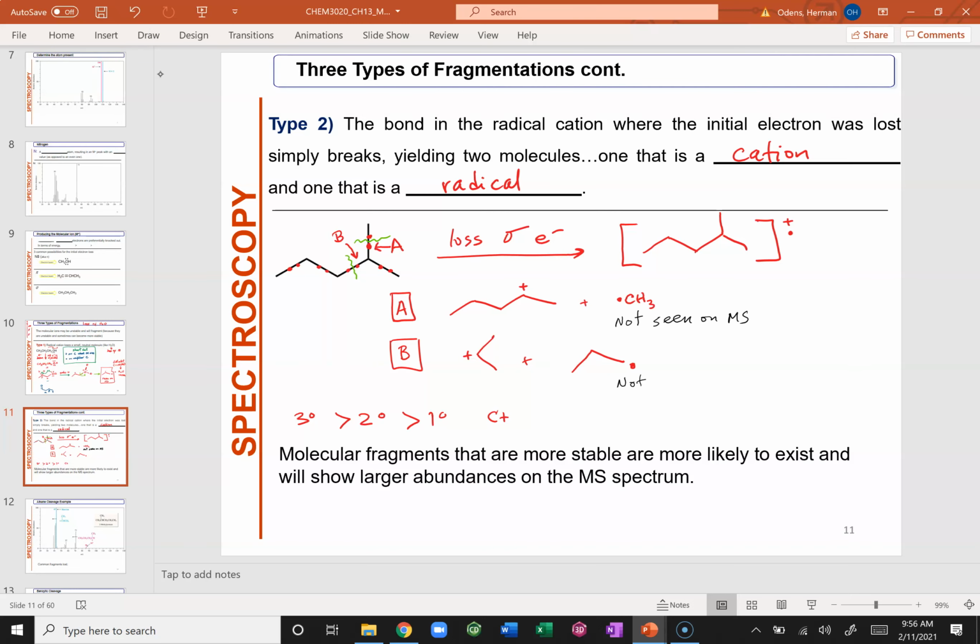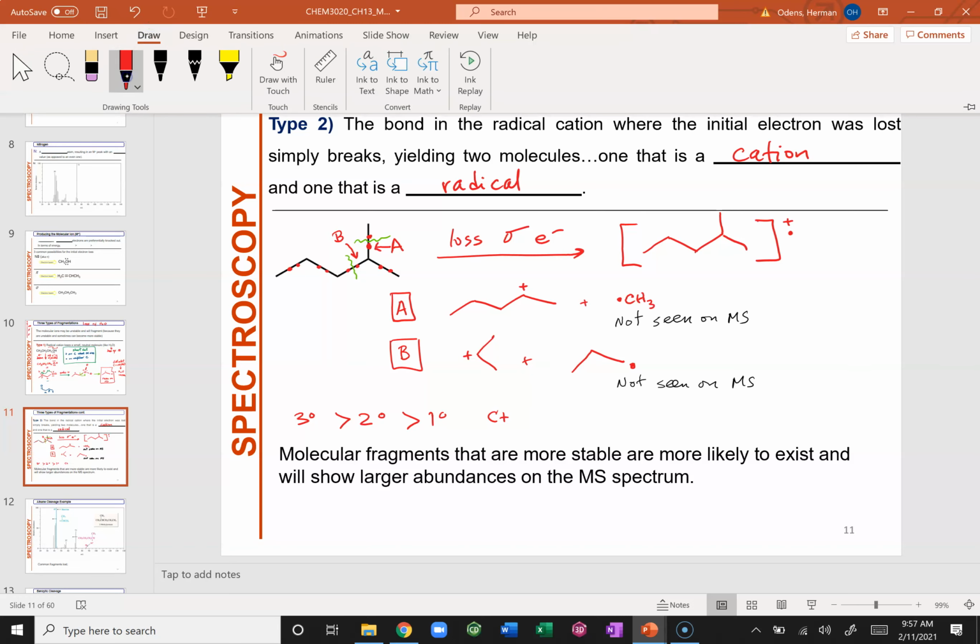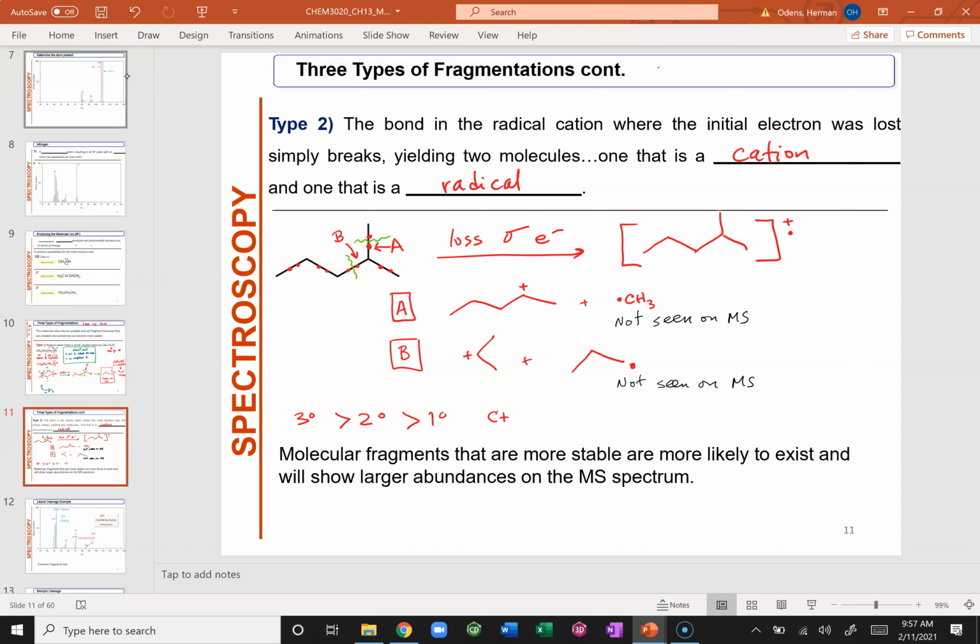This is not seen on the mass spec. All right. So this is the formation of cation radicals on alkanes. Also, I call this sometimes a direct hit.